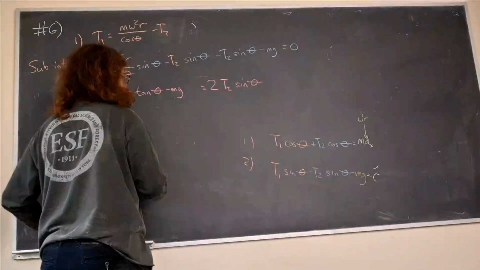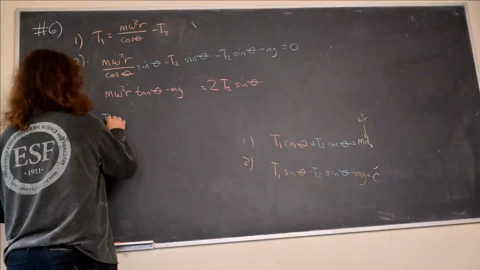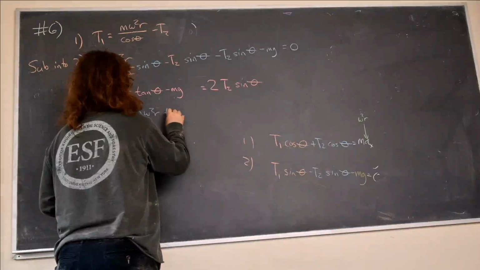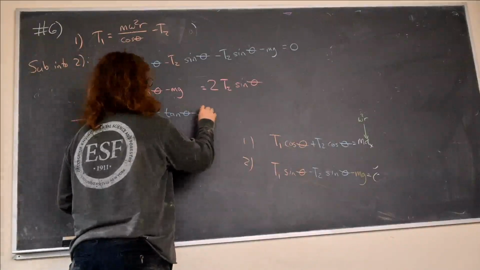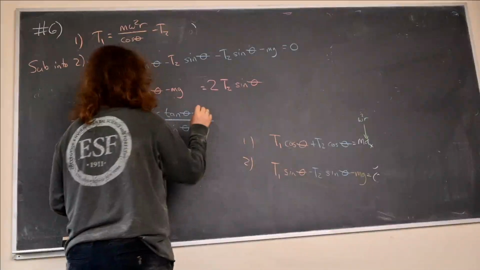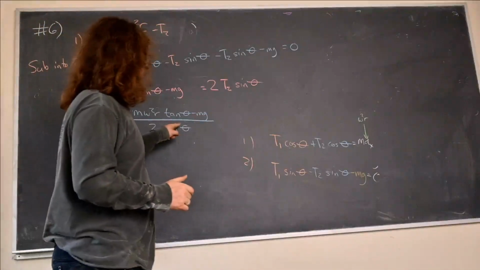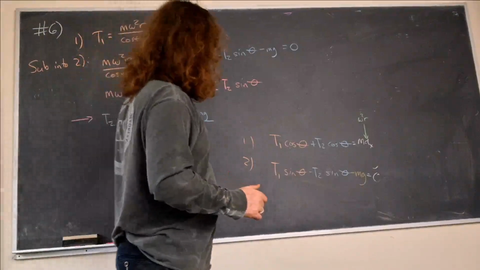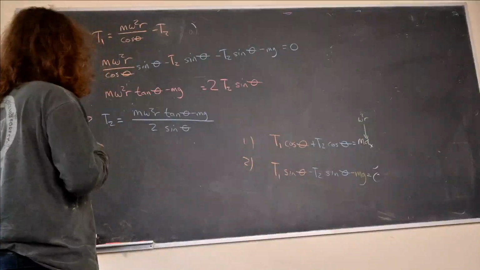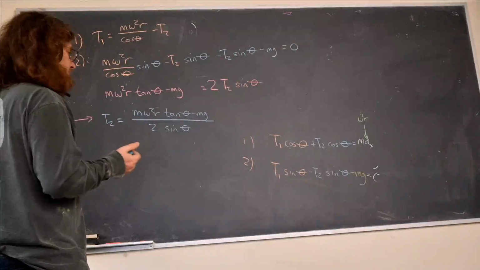to get T2 equals m omega squared r tangent theta minus mg all over 2 sine theta. And then with this, I can substitute that back into number 1 or back into number 2 to find T1.